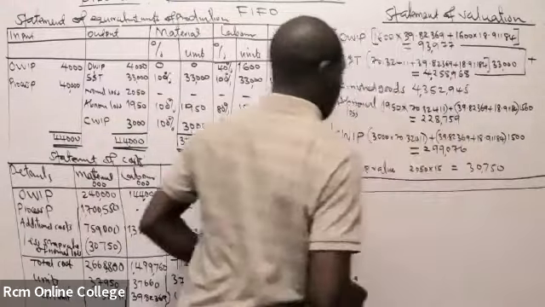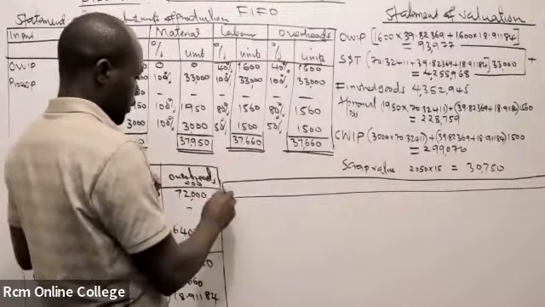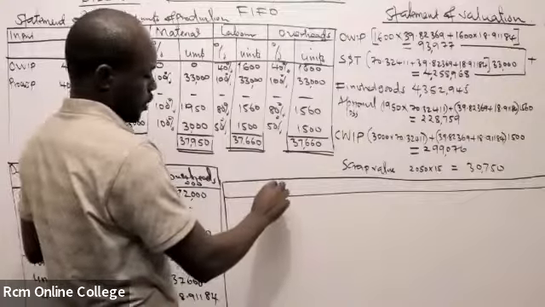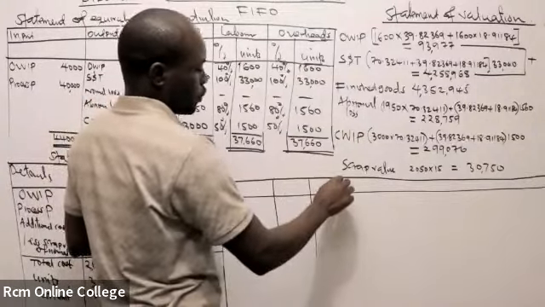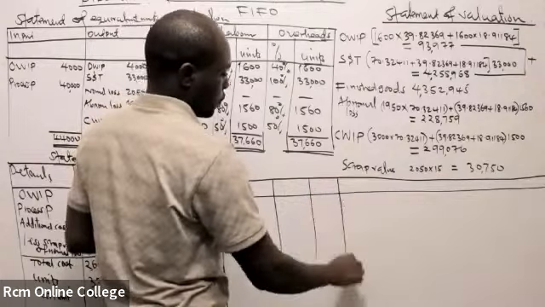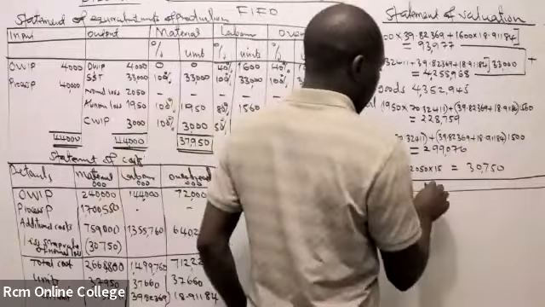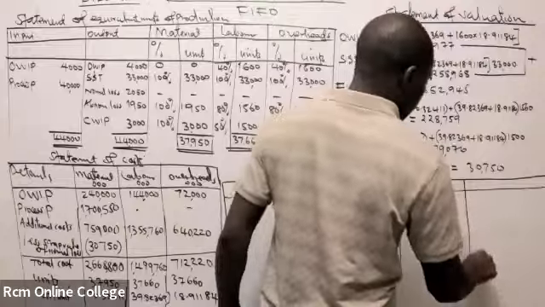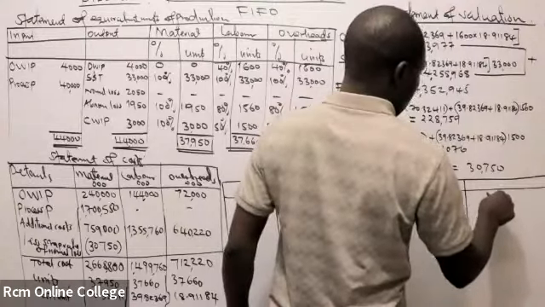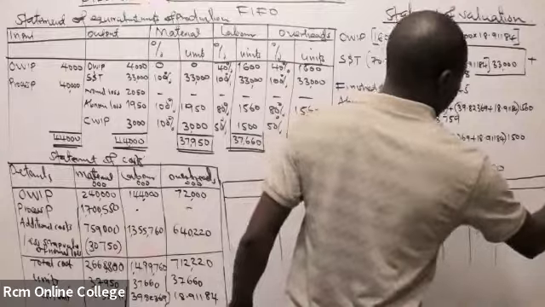Our figures are in thousands still. So we have details, units. Cost per unit is not necessary, but of course you see what we do. Then amount. Then we have details, units, cost per unit, then we have amount.